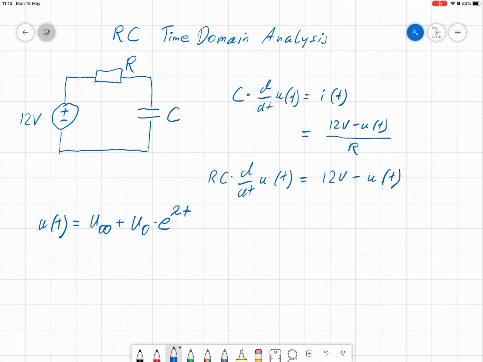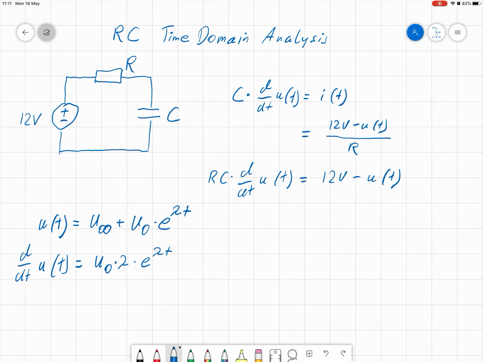In order to find these, we need to insert this Ansatz into our differential equation. So first of all, we need to find d/dt U, because we will need that. That's quite easy. U infinity is a constant, so that disappears. And the other part becomes U naught, the lambda is the inner derivative, so we need to pull it out, times lambda times e to the lambda t.